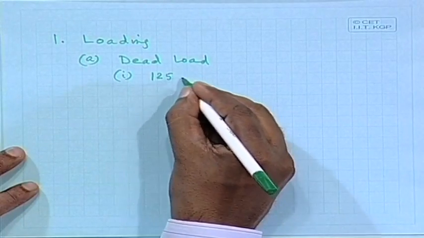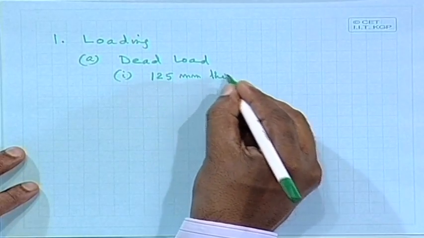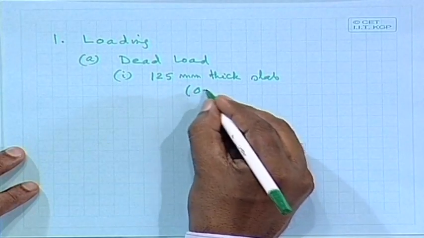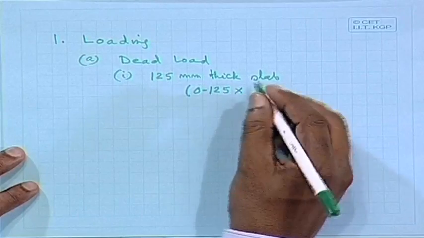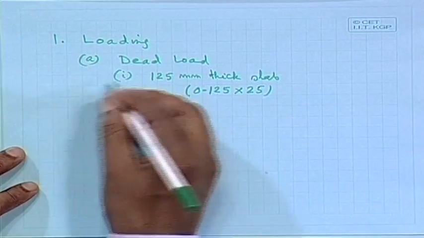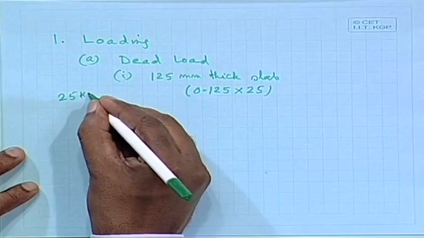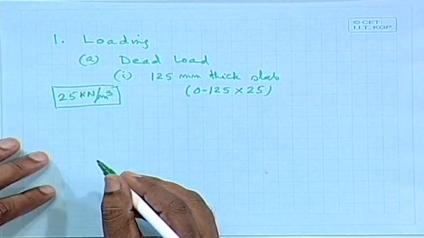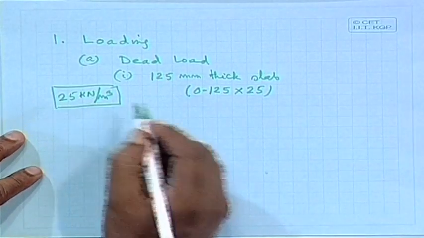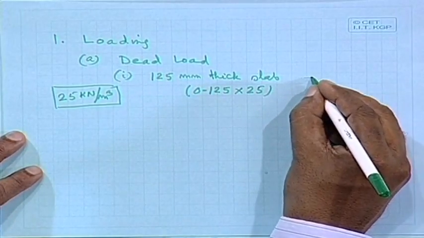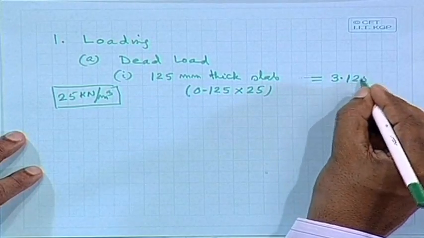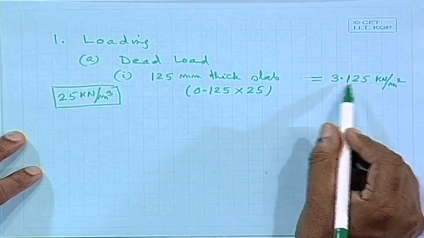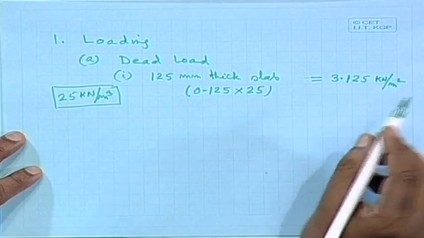So, we have 125 millimeter thick slab which comes as 0.125 into 25, so 25 kilonewton per meter cube, that is the specific weight of concrete we are taking. So, 0.125 into 25 which comes as 3.125 kilonewton per square meter. Please note, 3.125 kilonewton per square meter.